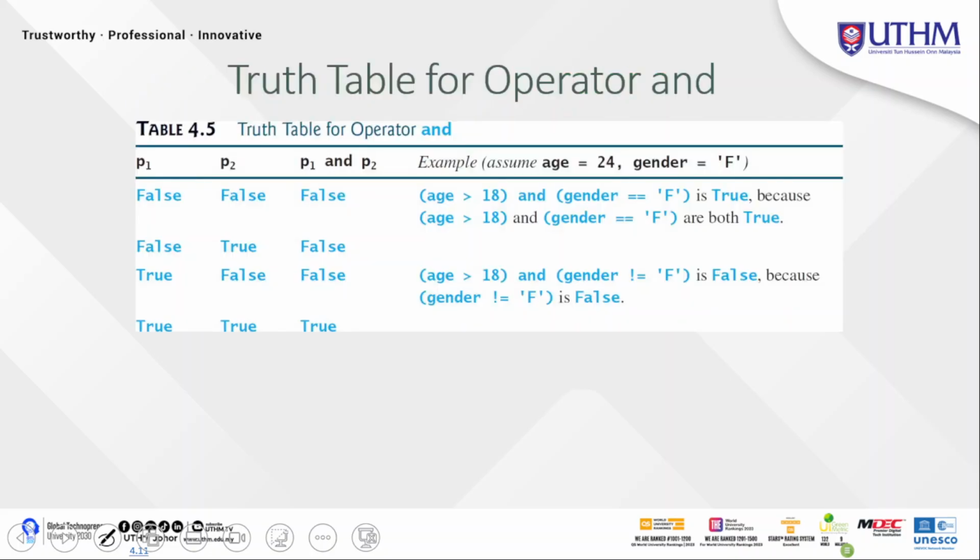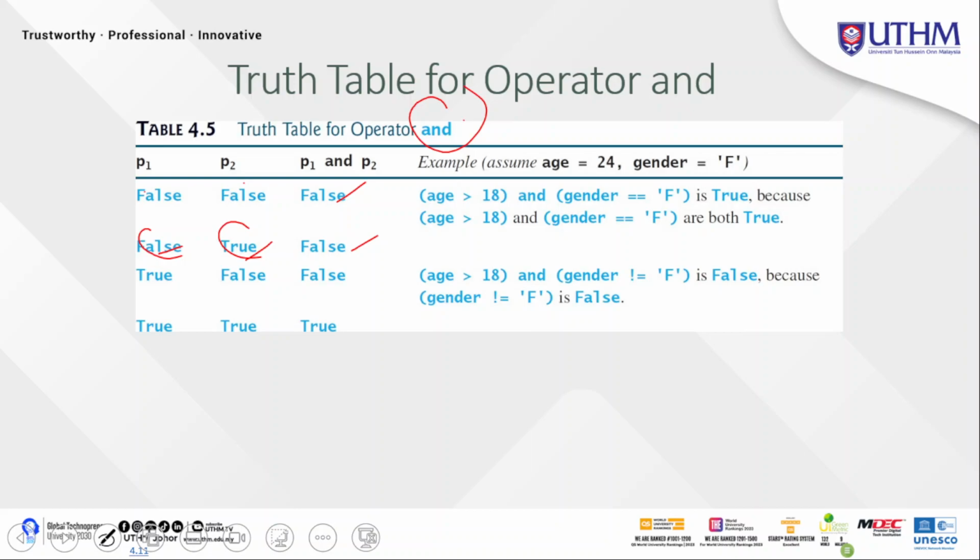The truth table for the operator and. This one we already learned in school, and I hope you remember or recall it. If P1 is false and P2 is false, the result is false. When it comes to the AND operator, both conditions must be true, and only then is your final output true. False and false is false, false and true is false, because one true and one false still gives false for an AND operator.